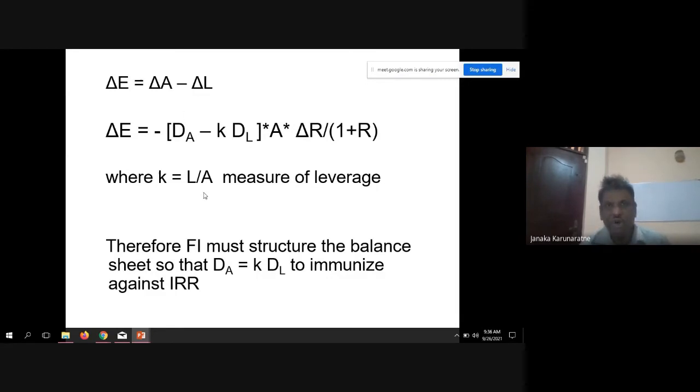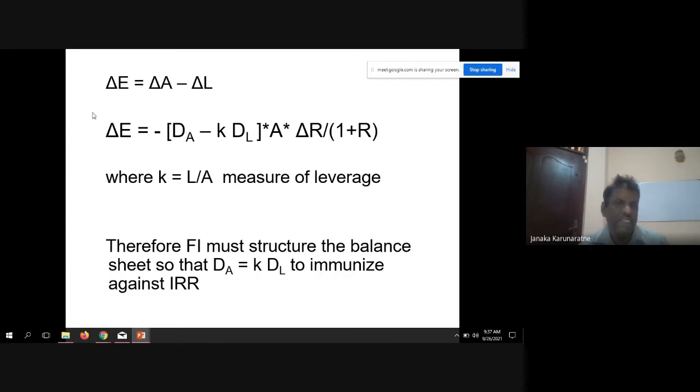K is L over A. L means liabilities, A means assets. That is the leverage. Remember when I said why the maturity model is not effective, we ignore the leverage factor. But here if you look at the duration model, we take the leverage factor, right?